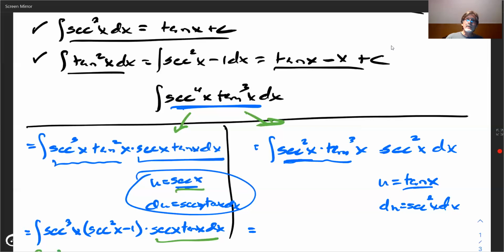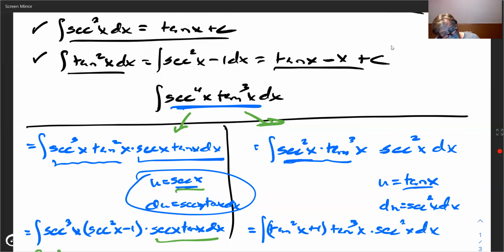Yeah, I've got a secant squared. The book would say, if you've got an even power of secant, you can peel off 2 and change it into tangent, and you can do u sub, and that's what we're doing. So secant squared can be changed into tangent squared x plus 1. There's still a tan cubed x out there times secant squared x dx.